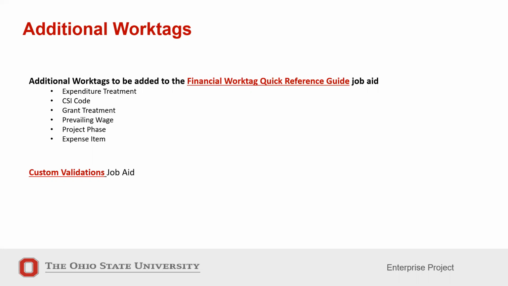One I can think of is anytime you select the restaurants, catering, and meals spend category, it is going to require that you put in an area work tag to identify whether those meals are for internal or external people. As you can imagine, it would be a lot to list out everything, but we wanted to make sure you have the tools and resources to find that information. So we provided that custom validation link.